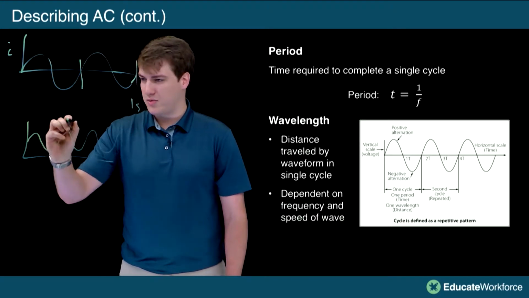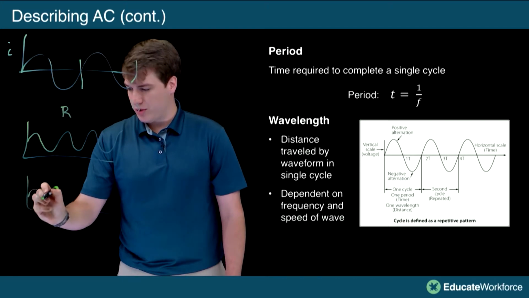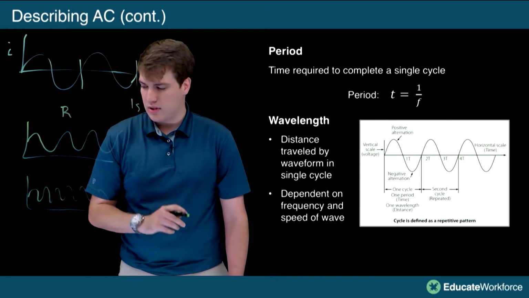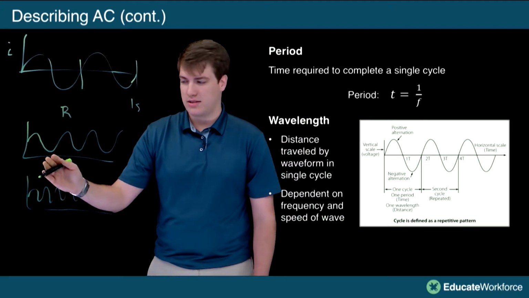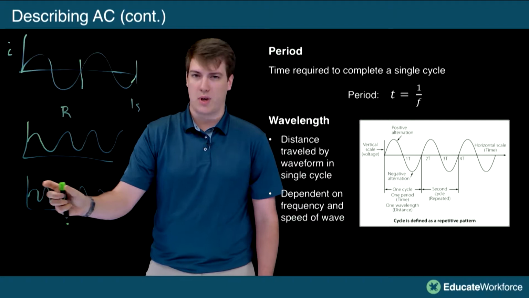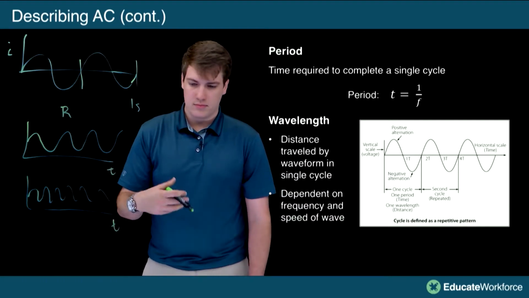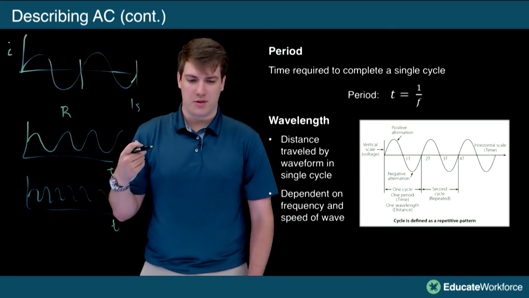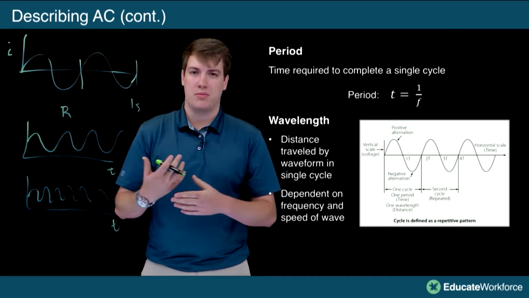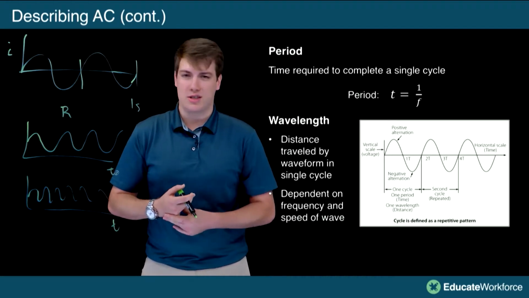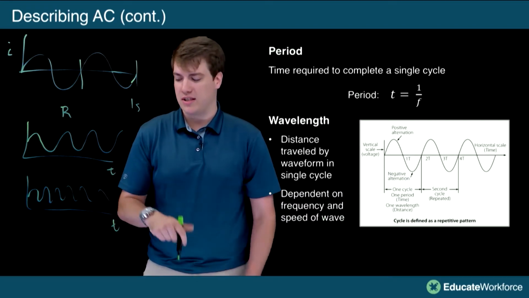And so let's say this is red. I'm not exactly sure what the actual wavelengths are, but then we've got blue. And you can see that they're traveling at the same speed, but they have a different frequency, so they're going to have a different wavelength. This value is determined by how fast it moves, and it is an actual measurement in like meters or inches. Generally, it's going to be something really, really small that we can't physically measure, but we can calculate it.